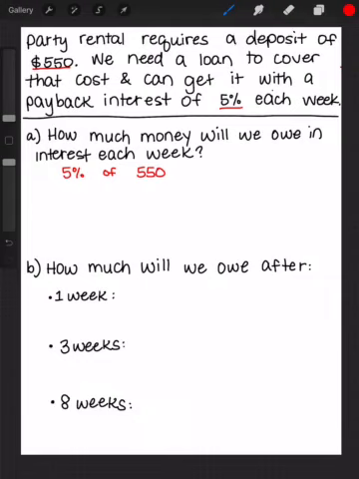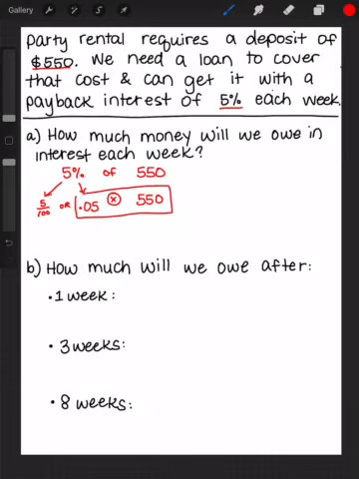So we have the option of changing it to a fraction, which is 5 out of 100, or we can change it to what I prefer to work with, which are decimals, and 5% ends up looking like 0.05. Anytime we see that word of, that means multiplication, so we're multiplying times our amount, which is 550.